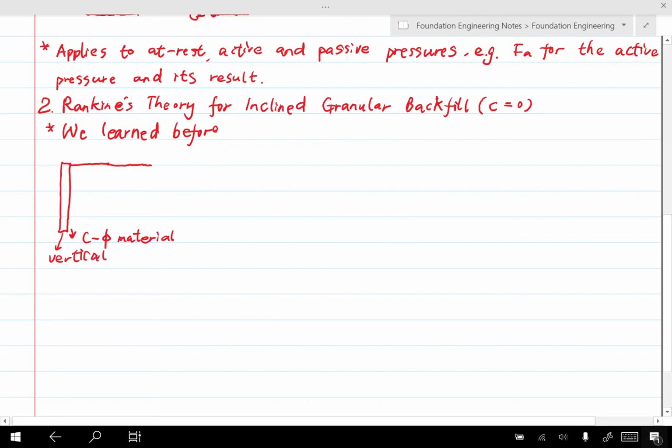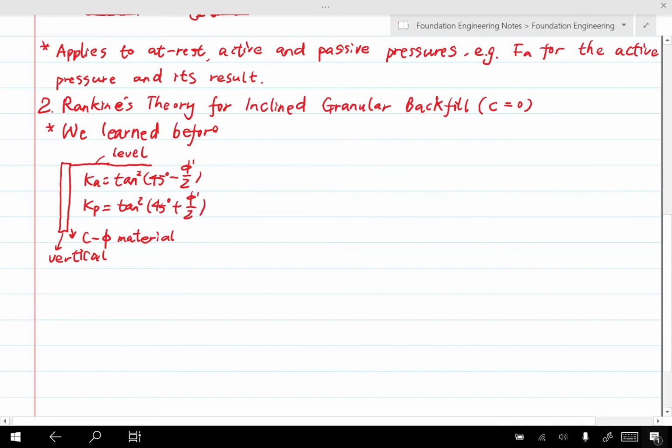So you can see that's what we learned before. C-phi material, vertical wall, and this one is level. And with such a conceptual model, we can derive Ka as, and Kp as, we mentioned before.